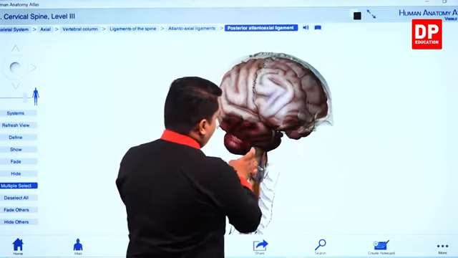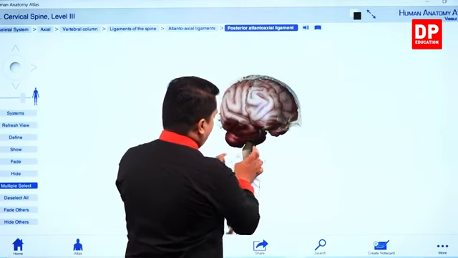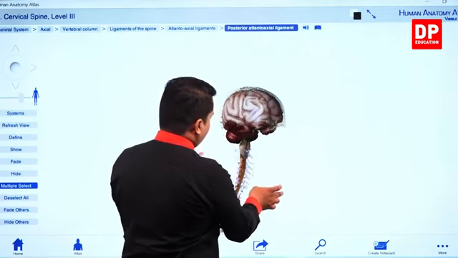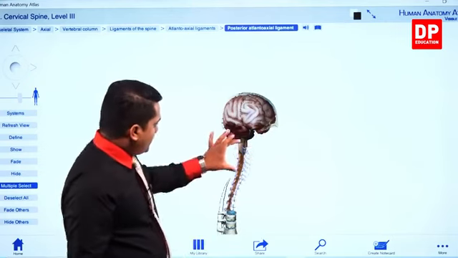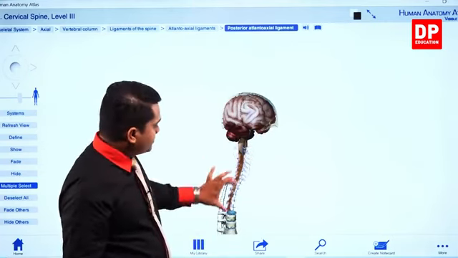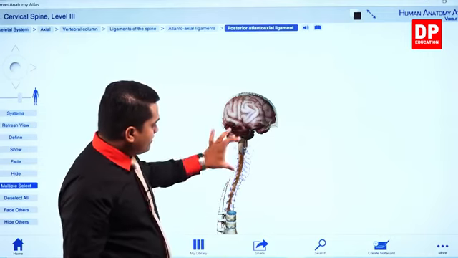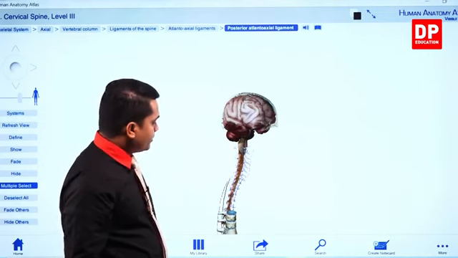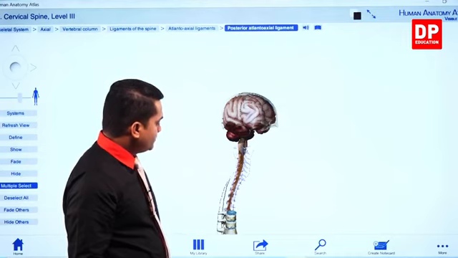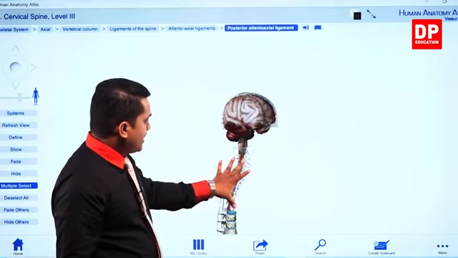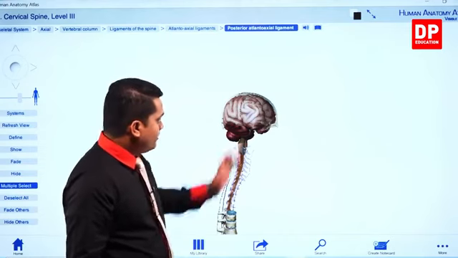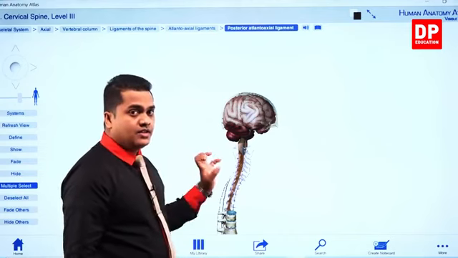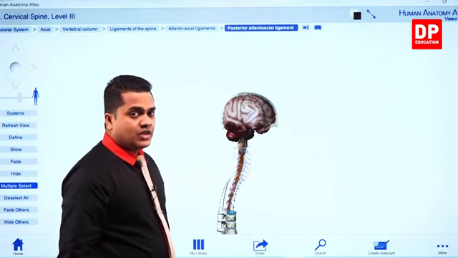So now I'm going to show you the spinal cord. So this is the spinal cord which runs through the spine or the vertebral column. So spinal cord is connected directly to the brain, as you can see in the simulation, right?